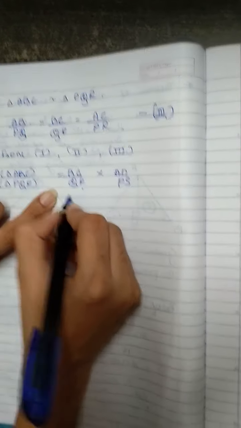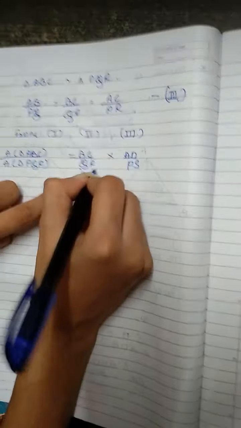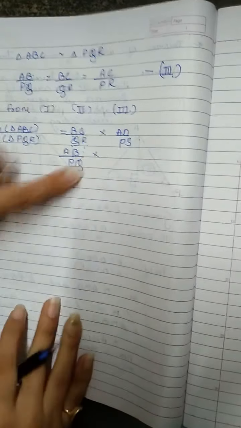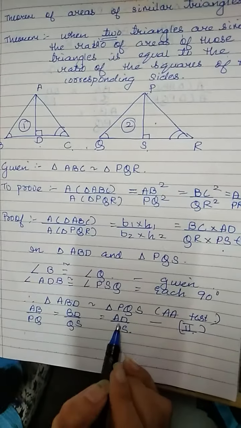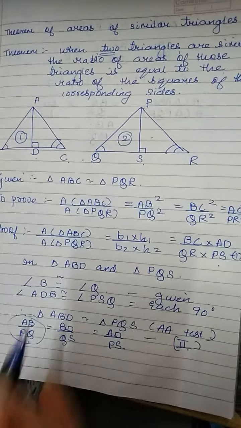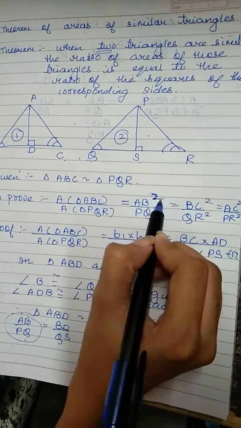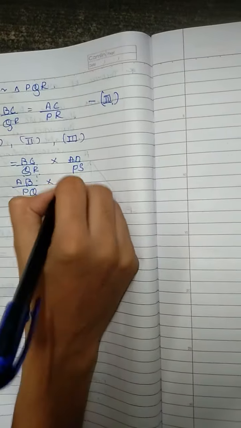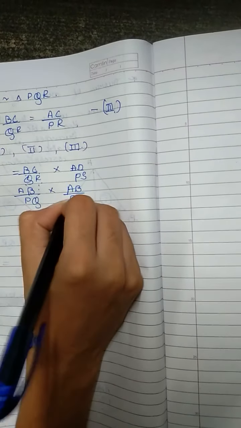And similarly, instead of AD upon PS, again you can substitute AB upon PQ because to prove part we need AB square upon PQ square.